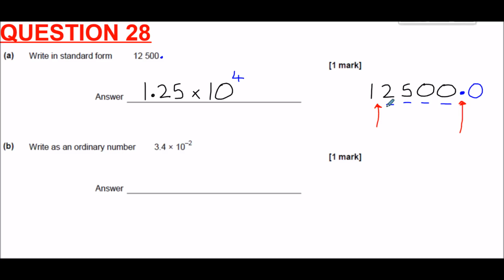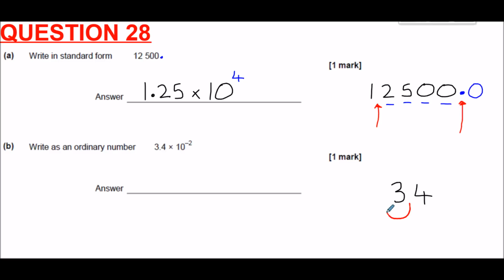Speaking of negative powers, this is what we're dealing with in part B. This power of 10 is negative 2. The way we write this as an ordinary number is we write the number out as it stands, so it's 3.4. And then the decimal is going to move 2 numbers to the left. Minus means we're going to move the decimal 2 numbers to the left.